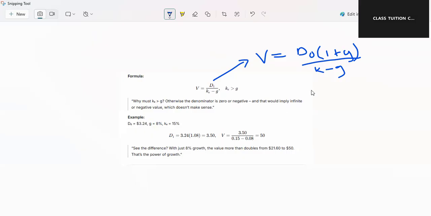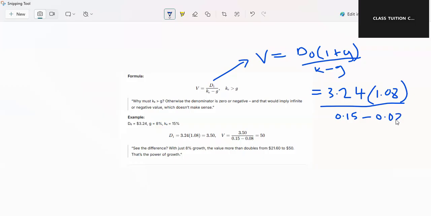So value of stock is D0, which is what? 3.24. 1 plus growth, our growth is 8%, so 1.08 over K minus G, our K is 15%, so 0.15 minus the 8%, which is 0.08. So when you calculate this, you calculate the value of stock to be $50.